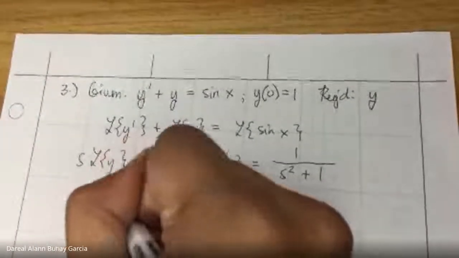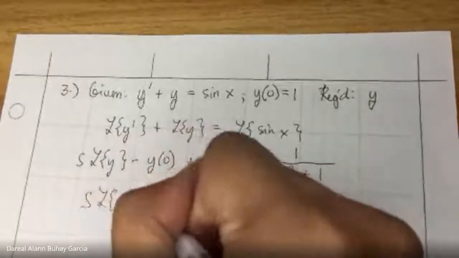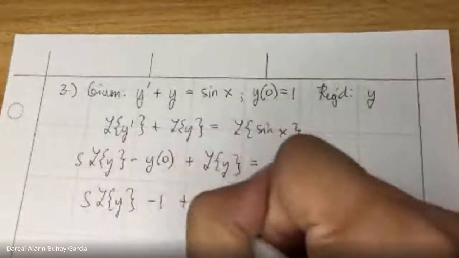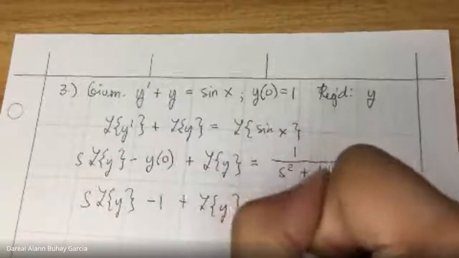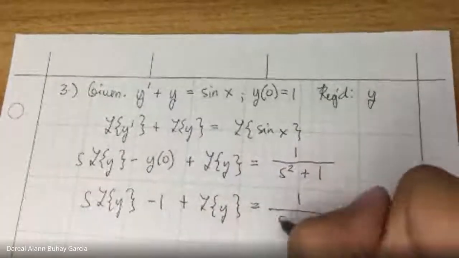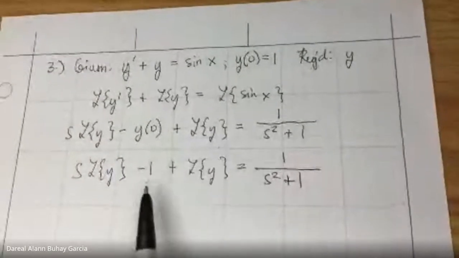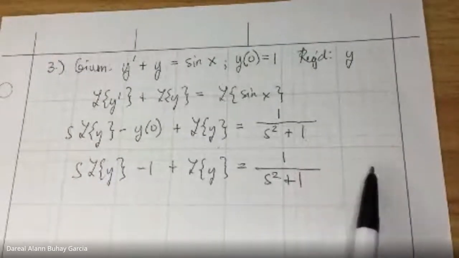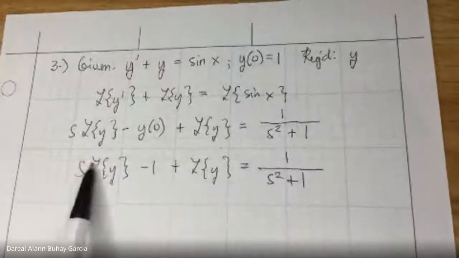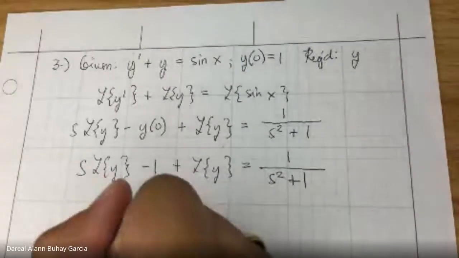So s times the Laplace of y minus 1 plus the Laplace of y is equal to 1 over s squared plus 1. Transpose the 1 to the other side, so plus 1 there. Simplify the left-hand side.